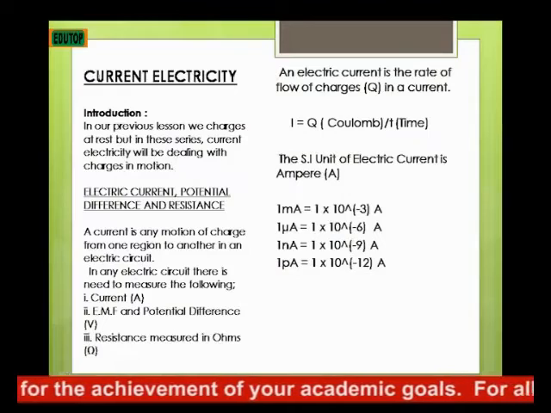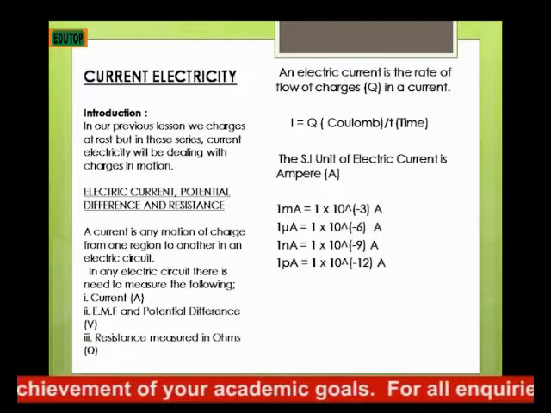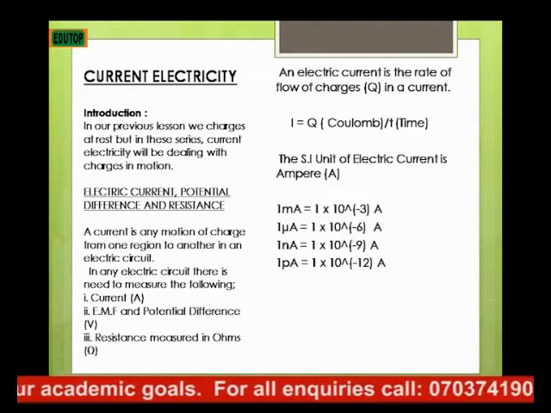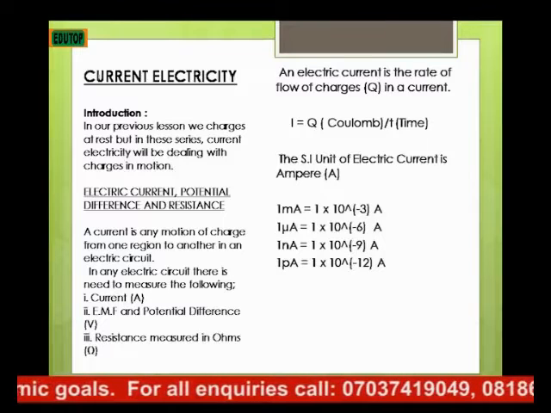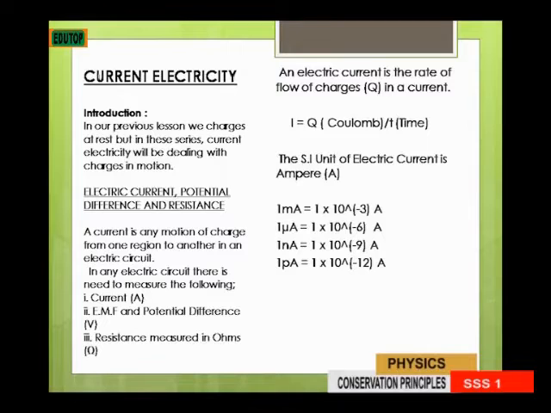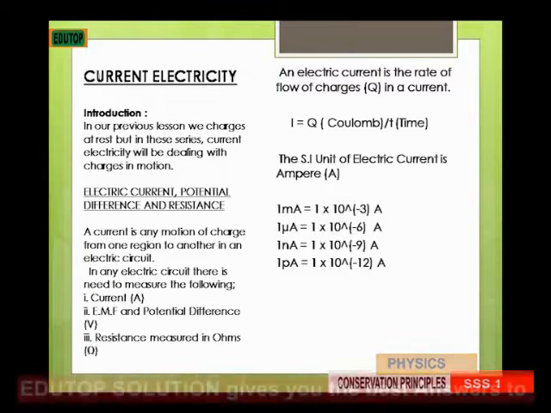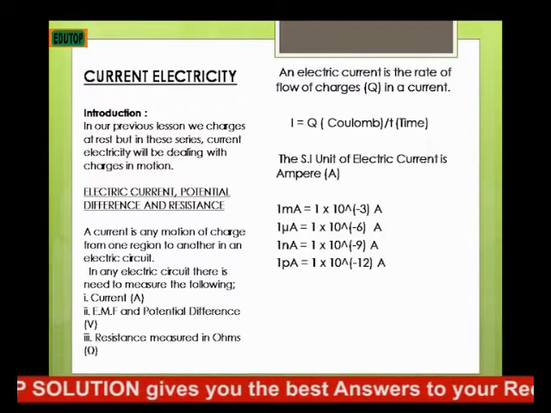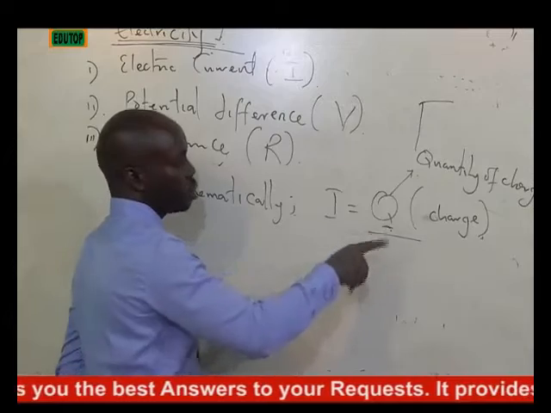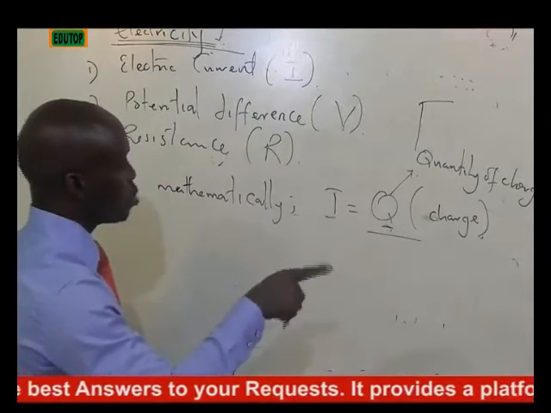So meaning that mathematically, I will be given as Q, which is your Coulomb, which is your charge. Q means quantity of charge. Now we say the movement of charge with respect to time.